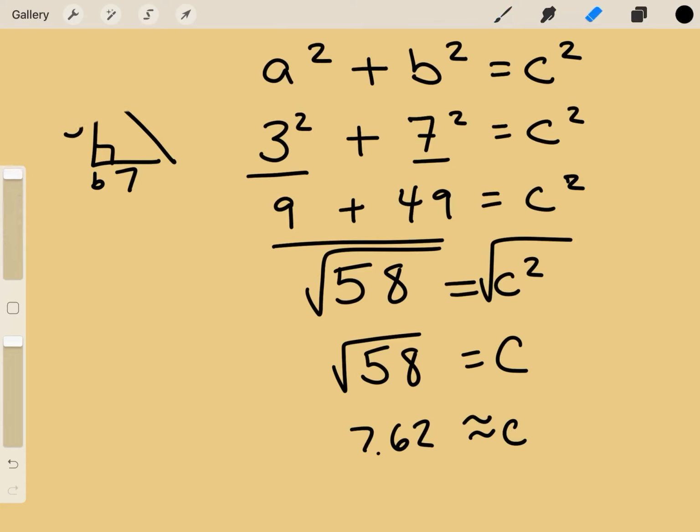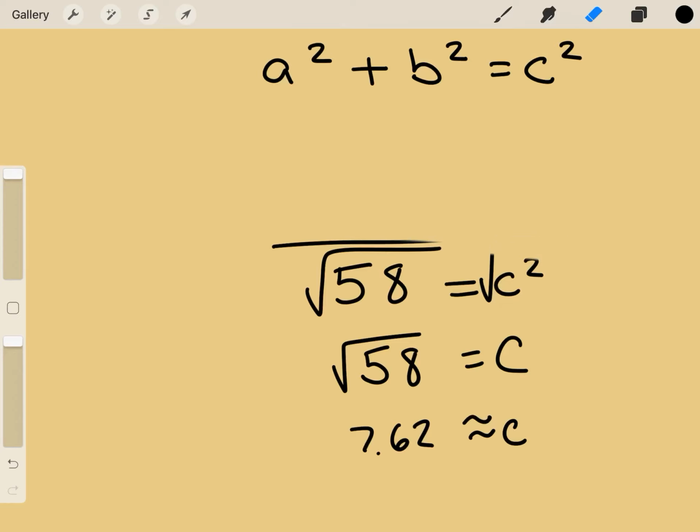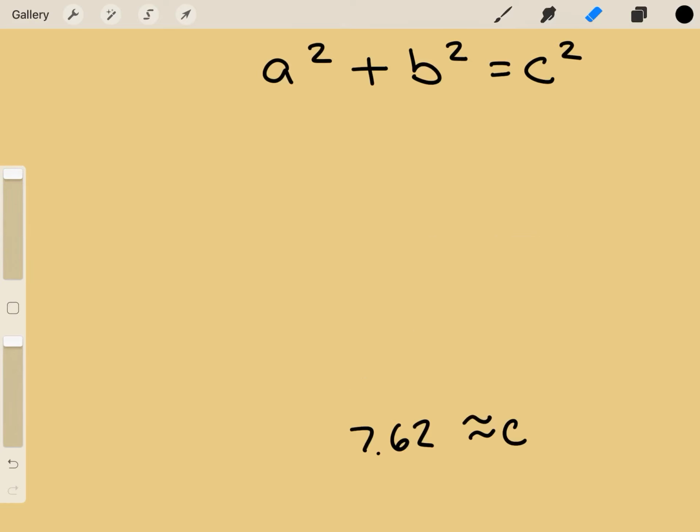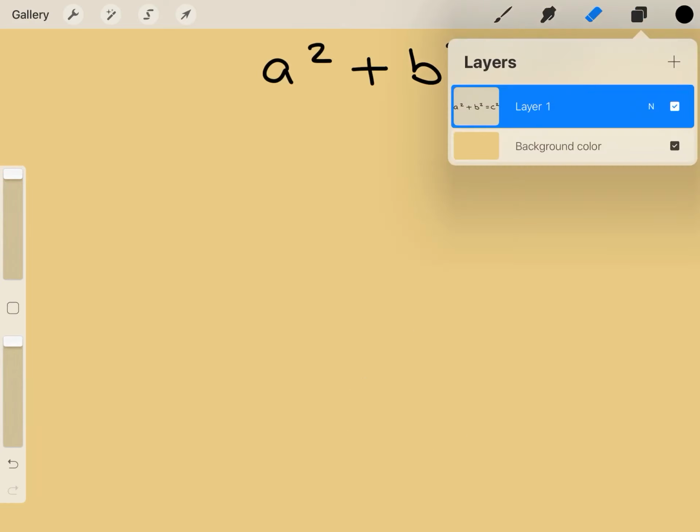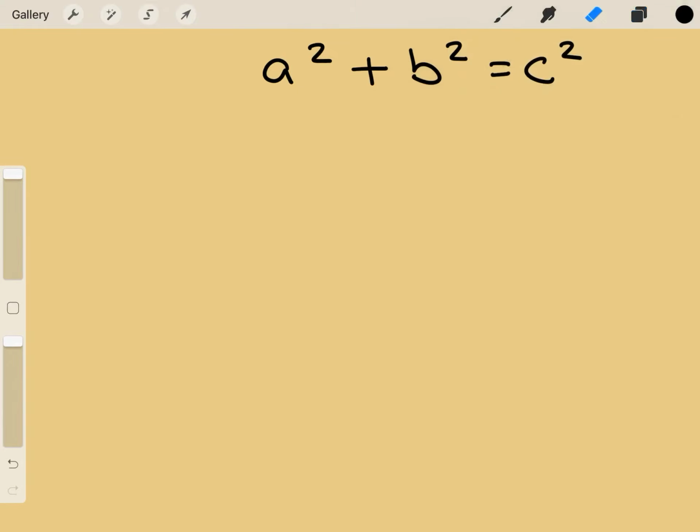All right, that's the first question. Now we're going to move on to the second. I'm going to keep the Pythagorean theorem up there, the formula for all of these problems. Okay, so we have that still there. Now our next right triangle was a little bit taller and skinnier. I'm not drawing these perfectly to scale, just doing a quick sketch. So one leg was 5, the other leg was 2.